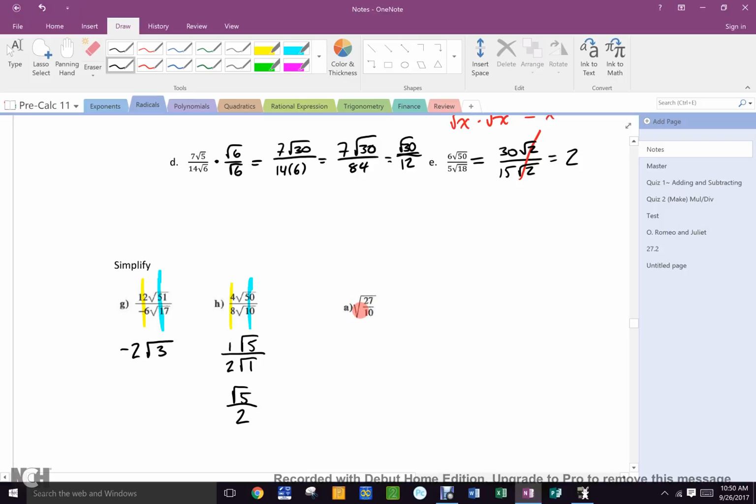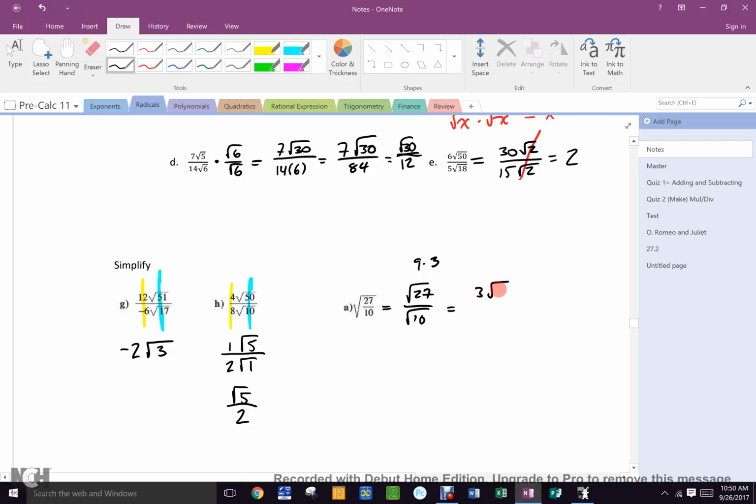Different look, same math. What is that really? Root 27 over root 10. Okay. What should I do with anything before I try to do math? Does any of that simplify, Burke? Which one? 27 does, because it's 9 times 3, yes?